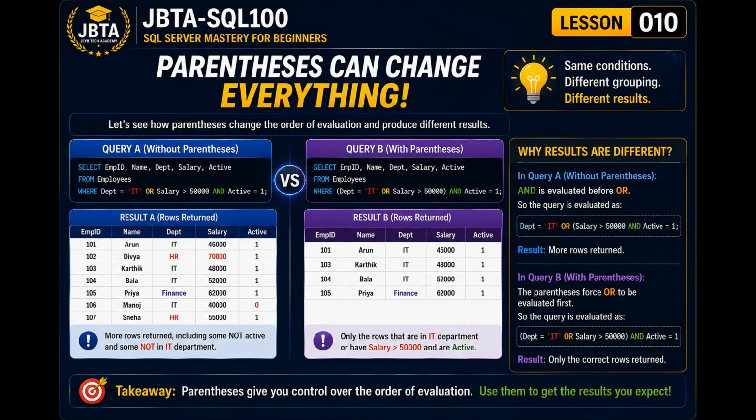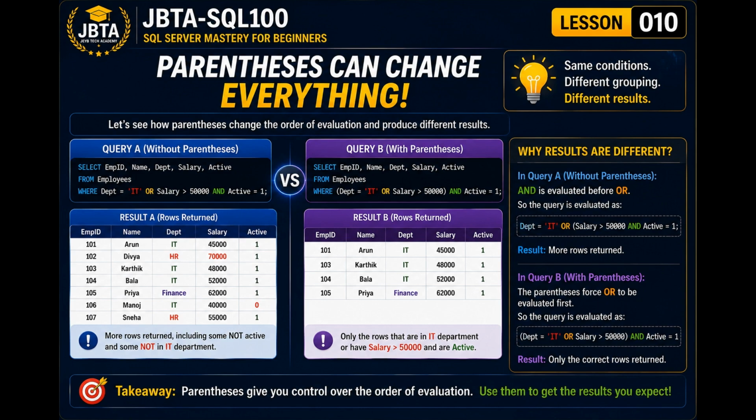Now let's see why parentheses are so important. On the screen, you can see two SQL queries. Both queries use exactly the same conditions. The only difference is that one query uses parentheses and the other does not. At first, this may not seem like a big difference. But in SQL Server, it can completely change the final result.